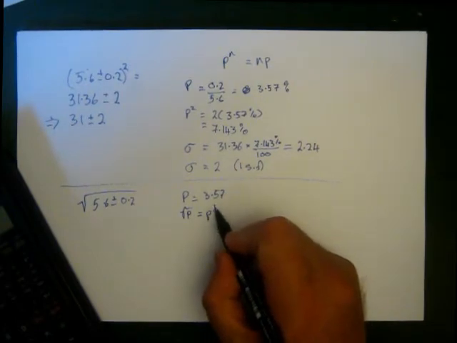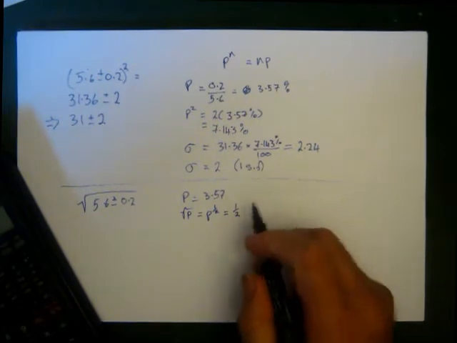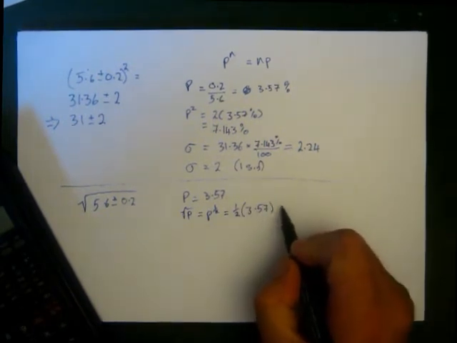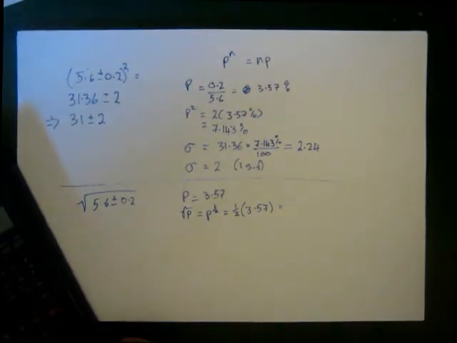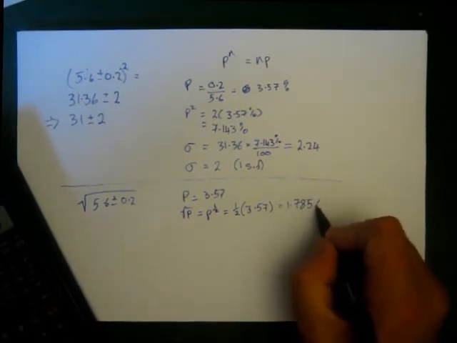Square root is a half. So we take half the percentage of 3.57, we multiply it by a half, 3.57 times 0.5, which is 1.785%.